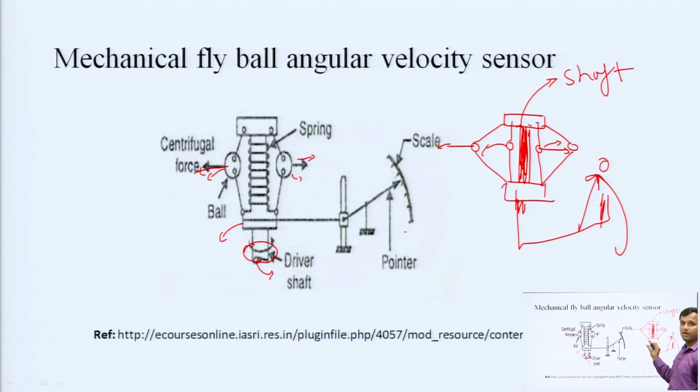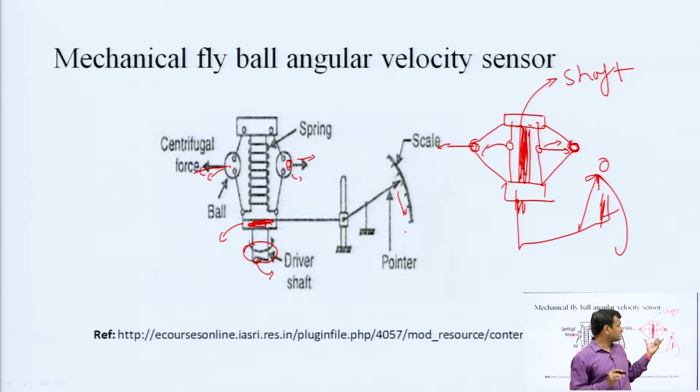When the balls go away, the meter will be deflected from 0, because the dark weight will be lifted up, and when it is lifted up, the pointer gives you a reading. So, this is the basic principle of the mechanical fly ball angular velocity sensor.